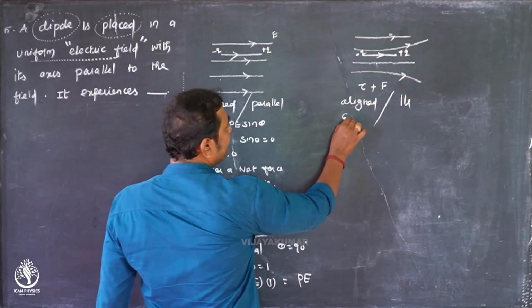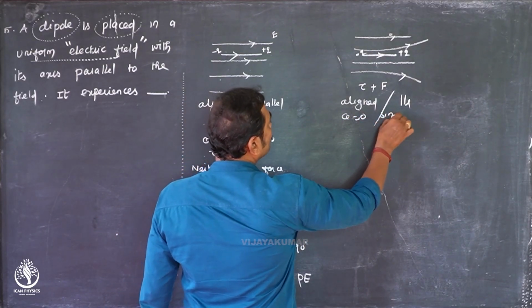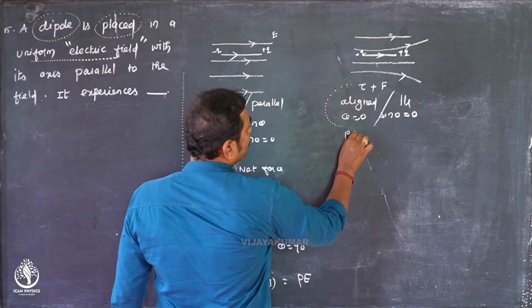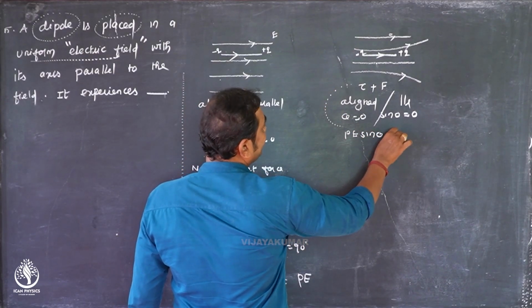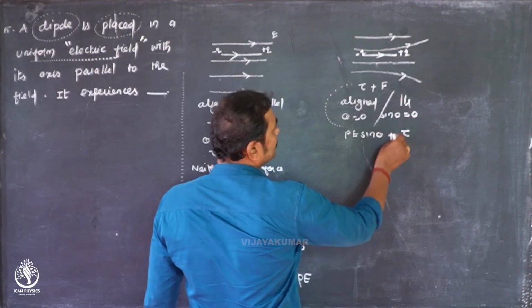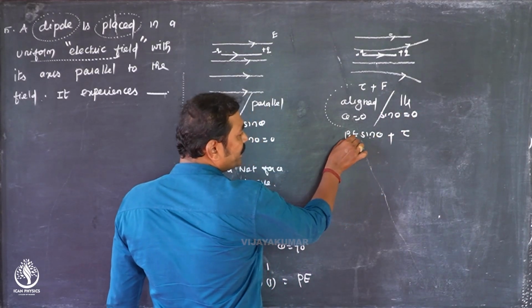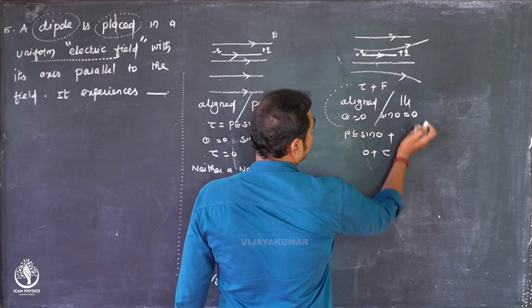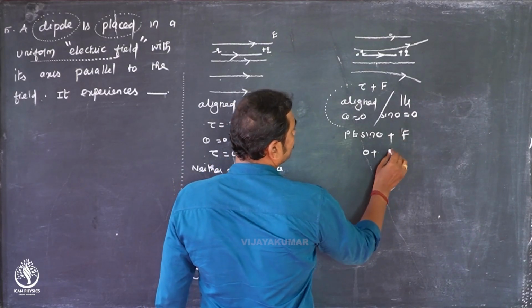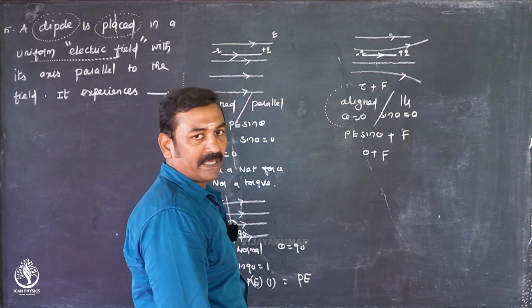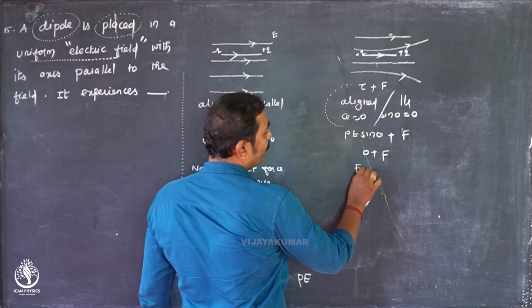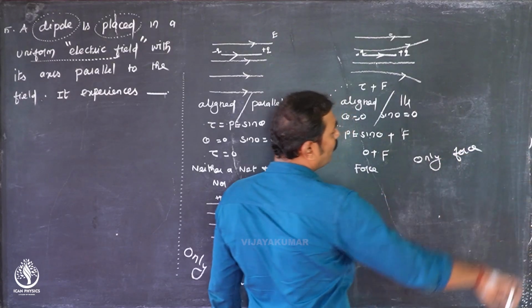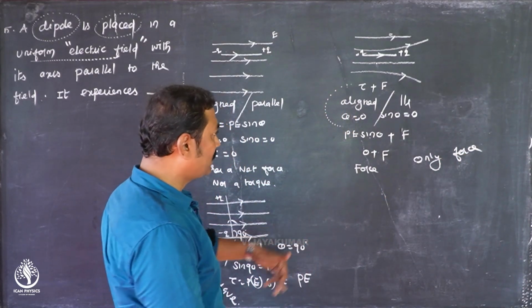Once again theta equals 0, so sin 0 equals 0. Then we can modify tau: tau equals PE sin theta plus force. Sin 0 is 0, so 0 plus force equals force. So what may be the option? Only force. So go to the next option.